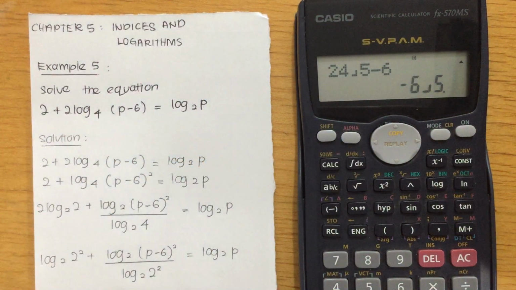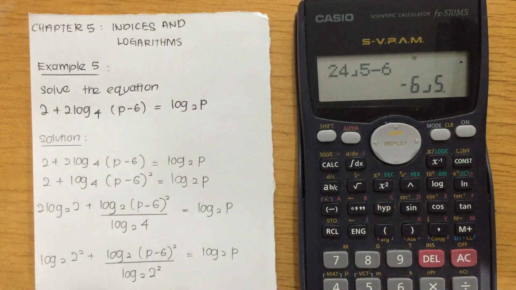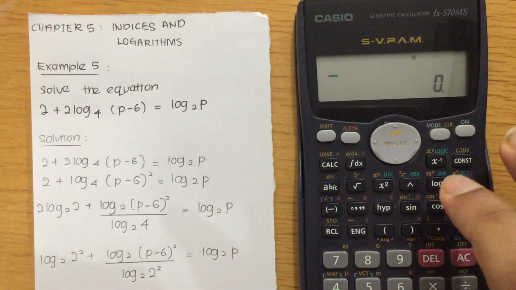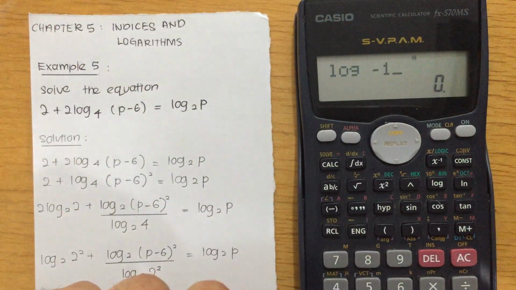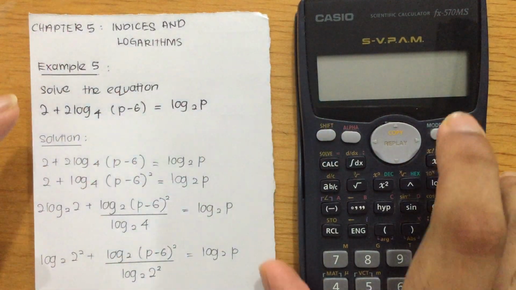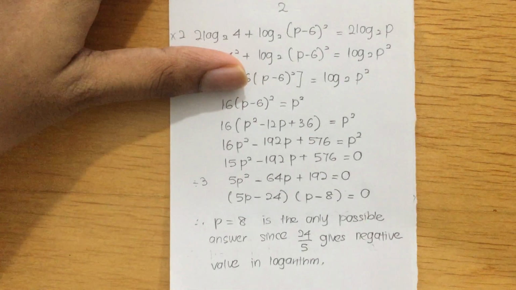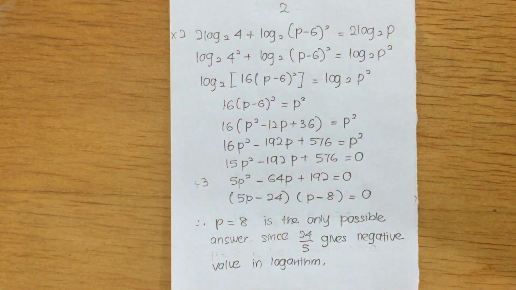You're going to get a negative value, guys. When you try to take the log of a negative value, you're going to get a mathematical error. So it's a math error. So let's say for example, you log negative 1, guess what you're going to get? You're going to get a math error. So that's the reason why I only mention p equals 8 is the only possible answer, guys.